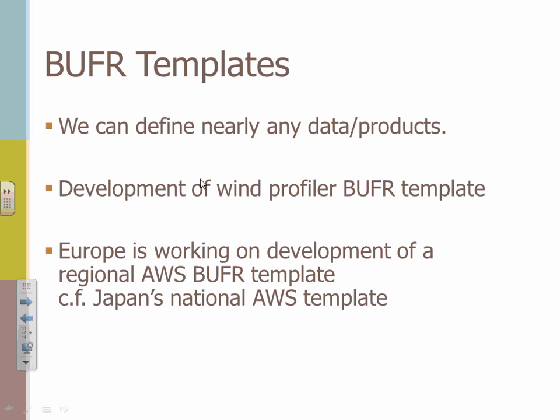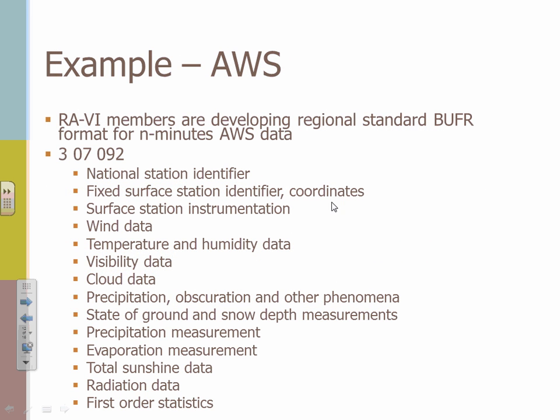So as I said before, we can define nearly any data products. So I'll give two examples, wind profiler buffer template and AWS buffer template. The development is now going on. So the first one is the automatic weather stations data.